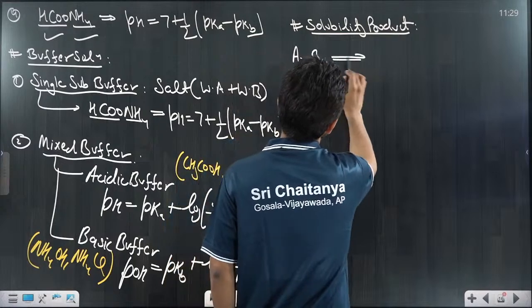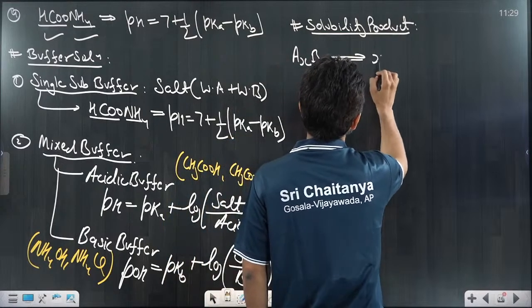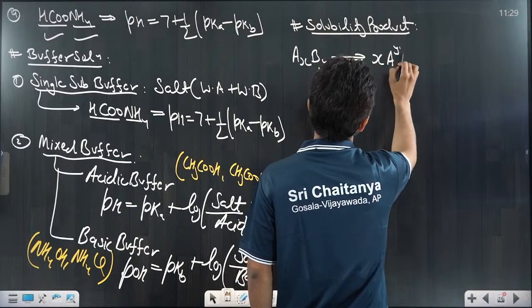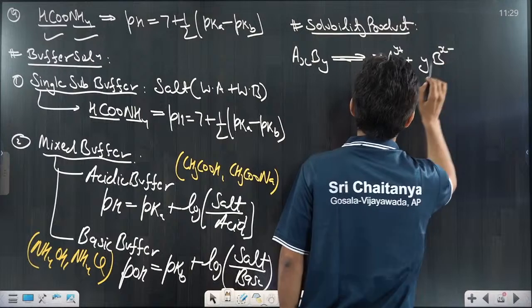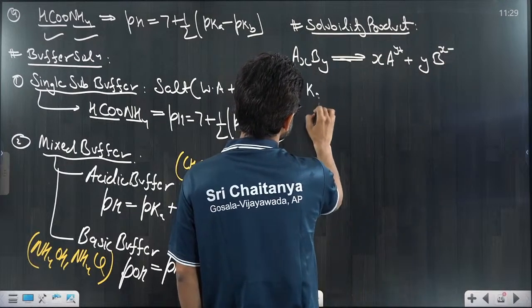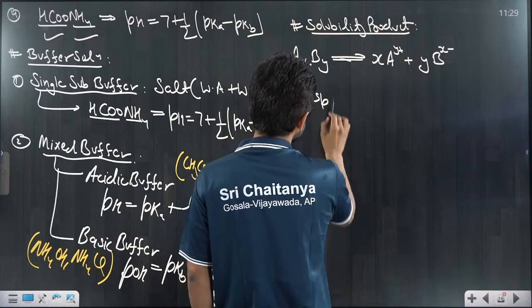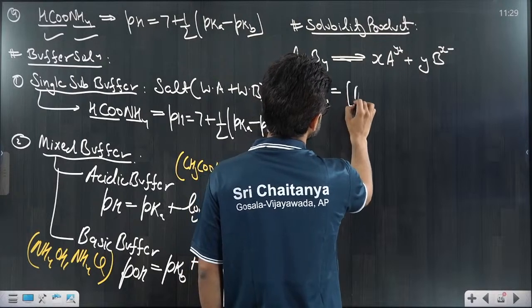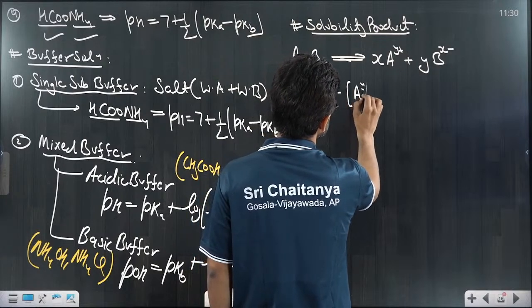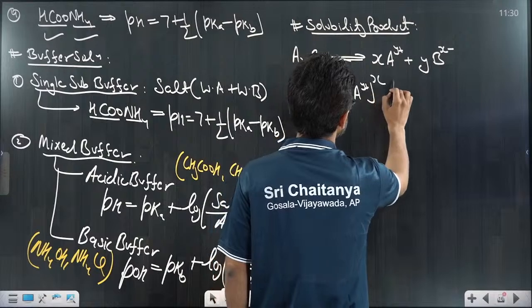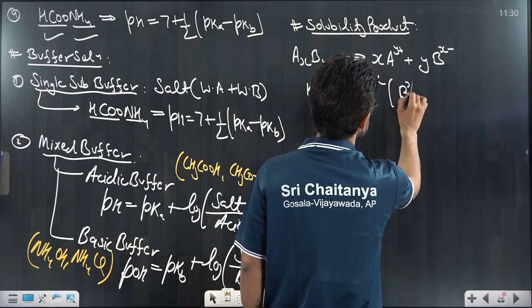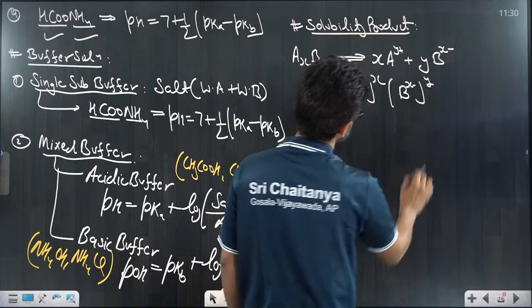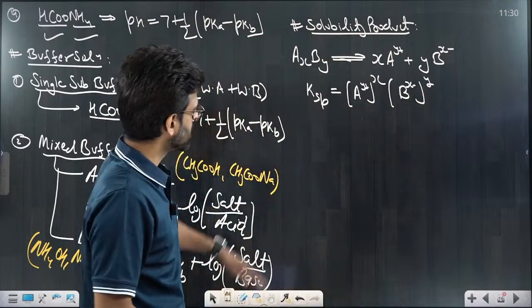It will ionize and give you x ions of A and y ions of B. And they will say Ksp. First of all, what is Ksp? Concentration of A ions to the power x, as the coefficient, and concentration of B ions to the power y. So that is Ksp.